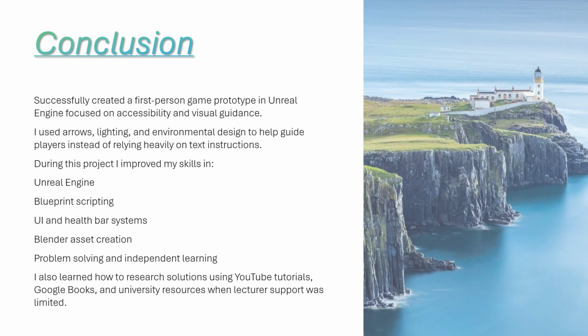During this project, I improved my skills in Unreal Engine, blueprint scripting, UI and health bar systems, and Blender asset creation. I could have done better with the trees and stuff. I also improved problem solving and independent learning, and learned how to research solutions by watching tutorials and using Google Books and university resources when lectures were limited.